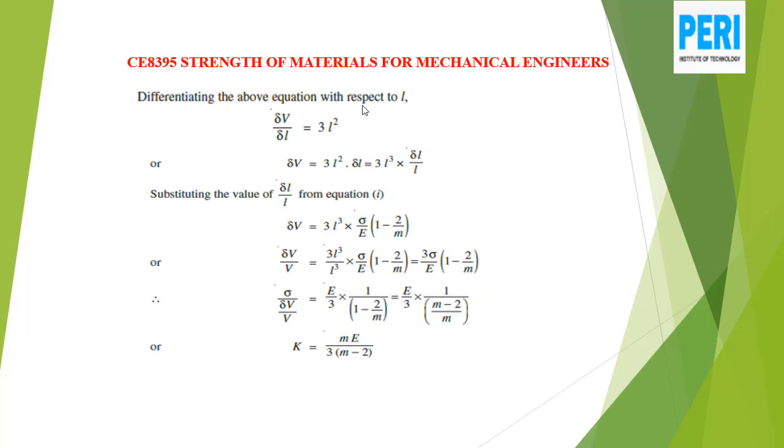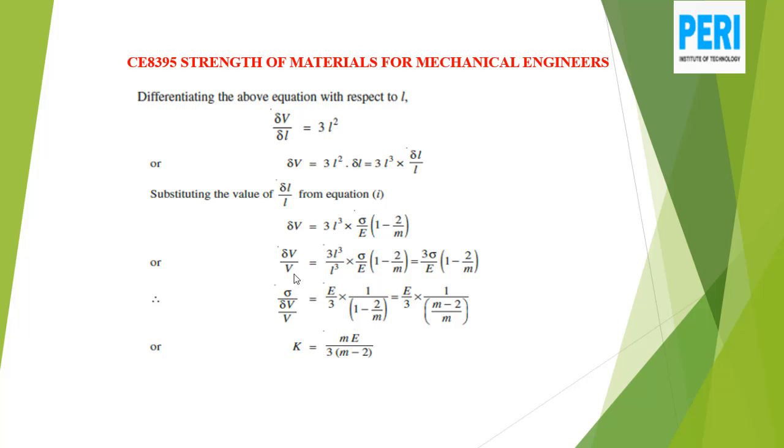So dV equals 3L square into delta L. Substituting the value of delta L by L from the first equation, delta V equals 3L cube into sigma by E into 1 minus 2 by m. In the place of delta L by L, we substitute sigma by E into 1 minus 2 by m.